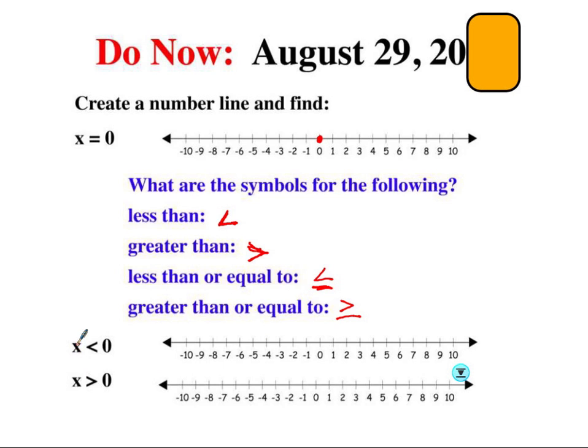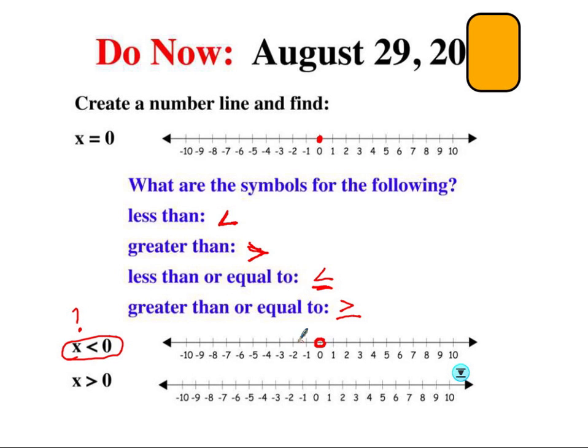Now, another thing I had you do is graph this right here. X is less than 0. That's basically reading this: x is less than 0. Now, here's 0 right here. Think of it this way. What number is going to be less than 0?